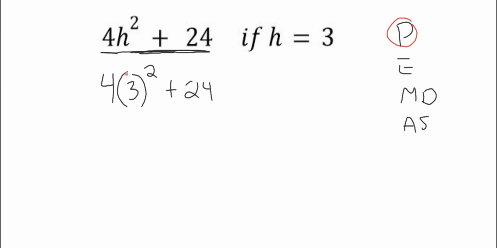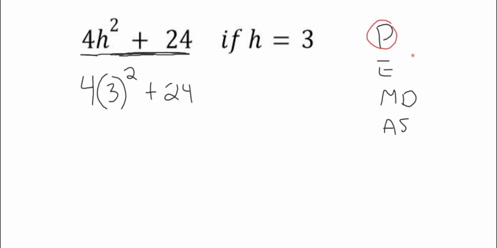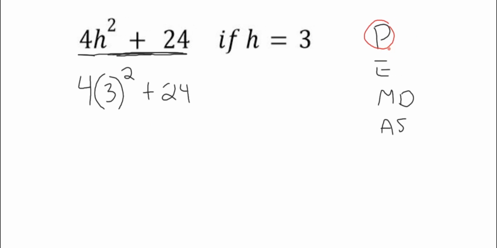While there is parentheses around the 3, usually parentheses means do anything that's inside of parentheses, if there is anything inside. So in this set of parentheses, there's just a 3. So there's really nothing for us to do inside of the parentheses. This is just a plain number. So we're done with P.